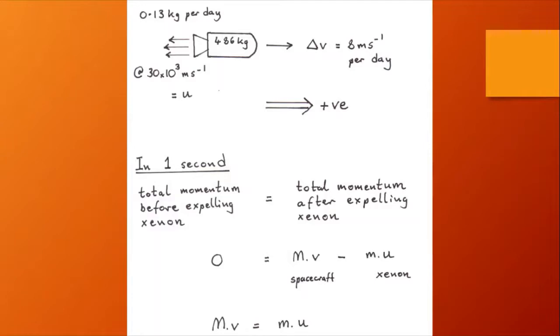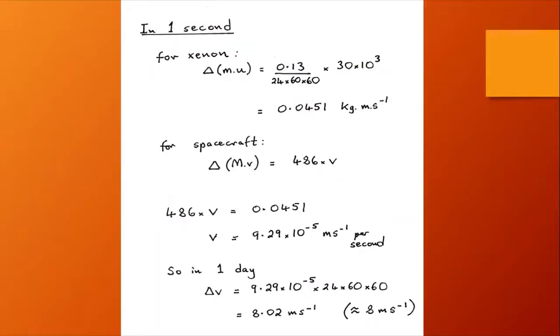So what can we now say? Well, I'm considering what's happening in 1 second. So for the xenon, delta mu equals, now it's 0.13 kilograms per day, so I've divided by the number of seconds in a day. I've got u. So that's going to give me the increase in momentum in 1 second.